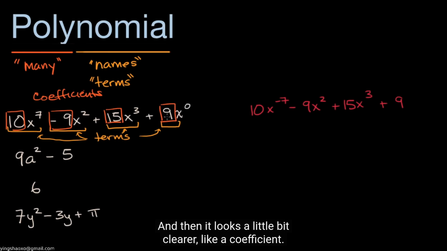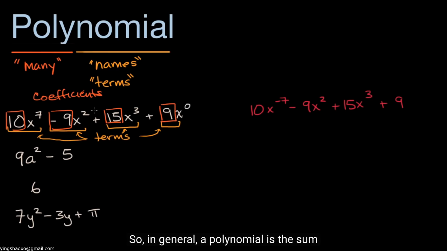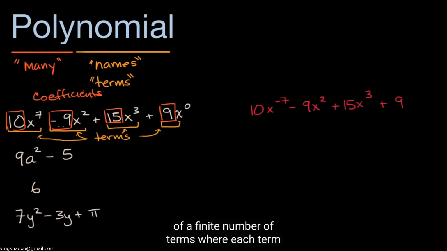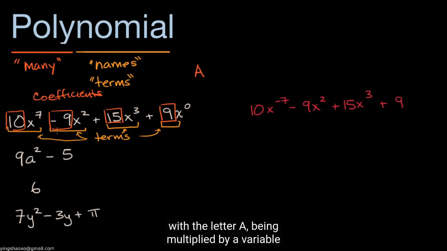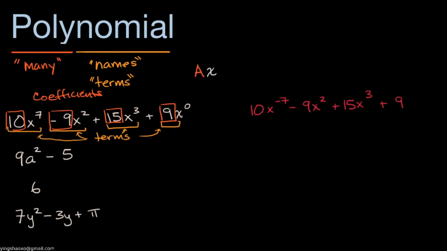And then it looks a little bit clearer like a coefficient. So in general, a polynomial is the sum of a finite number of terms, where each term has a coefficient, which I could represent with the letter a, being multiplied by a variable being raised to a non-negative integer power.